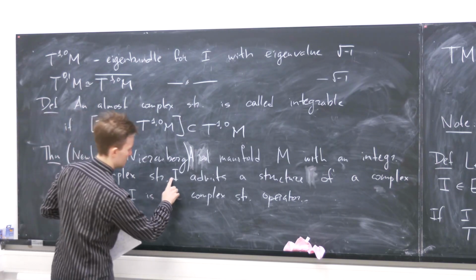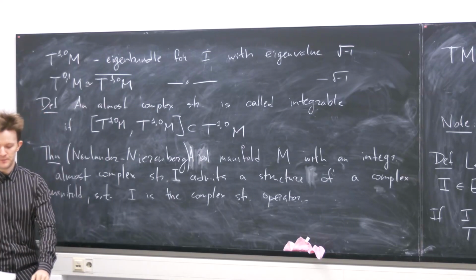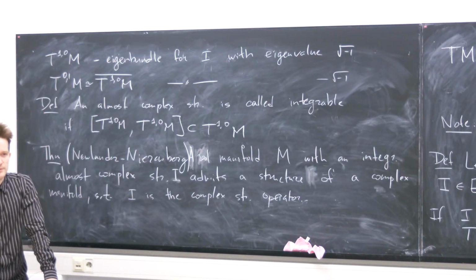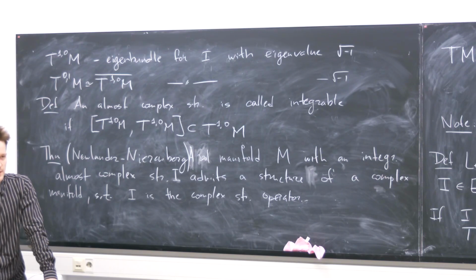So I would not like to give the proof of this theorem. Actually, it's quite difficult to prove it. So has anybody studied the proof? So I'll have a look by next time. So perhaps it's relatively easy to explain the proof in the case when M is a real analytic manifold.